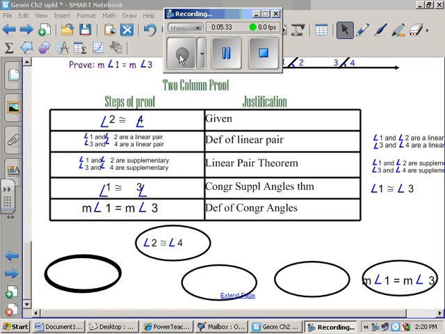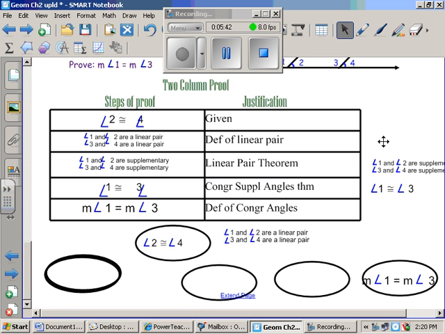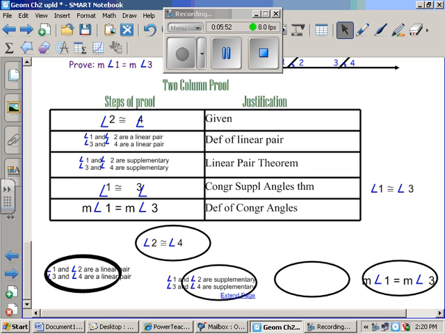Well, we already got that one, so the next one will be this one, right? Angle 1 and 2 are a linear pair. What's going to come next? Right. Angles 1 and 2 are supplementary, 3 and 4 are supplementary. And then what?